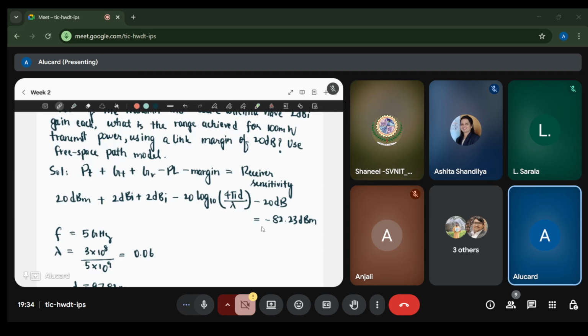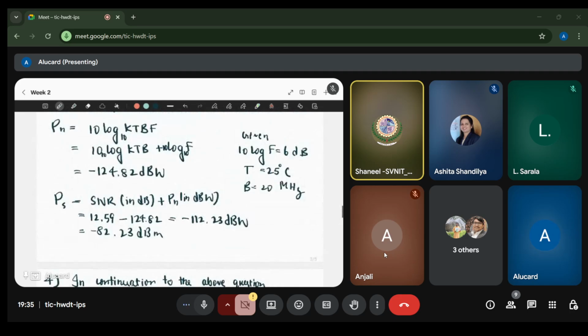Which question is it? Question 4. Yeah, the receiver sensitivity is also different, right?